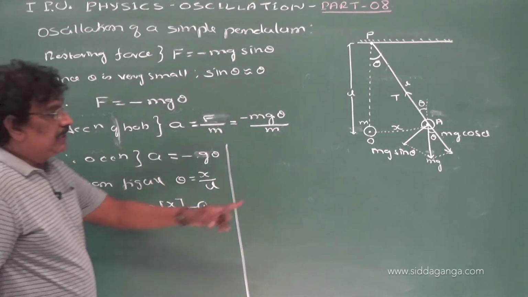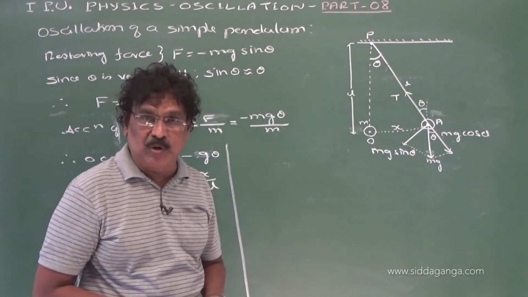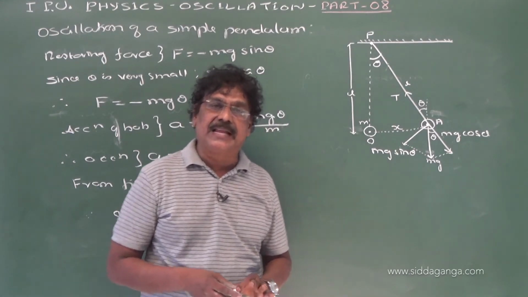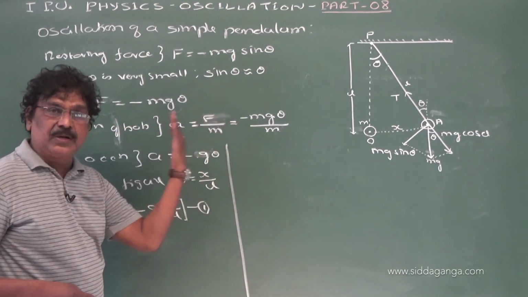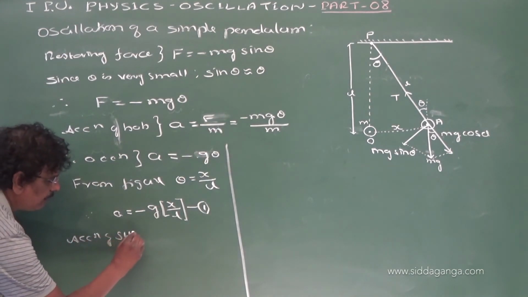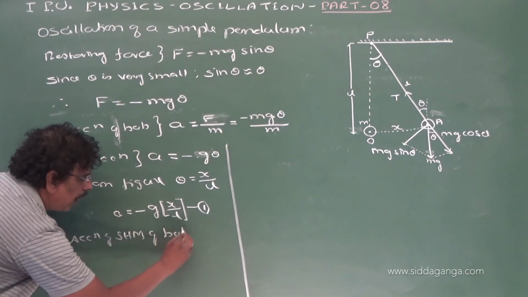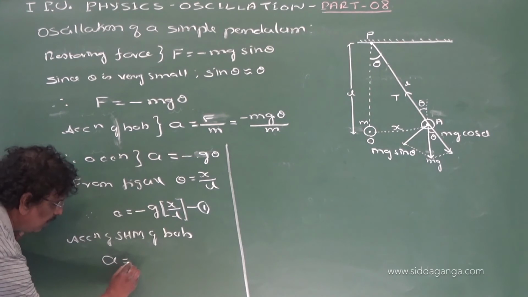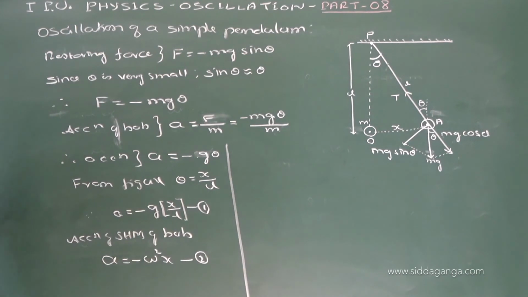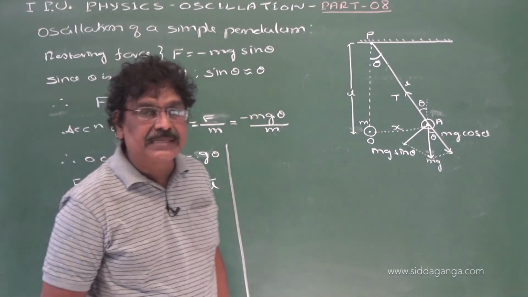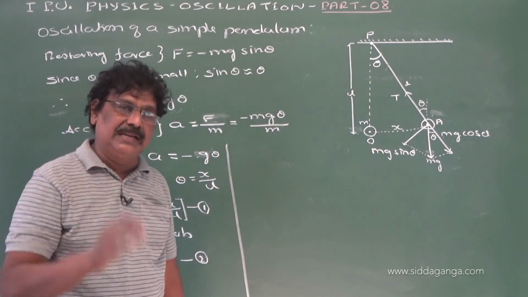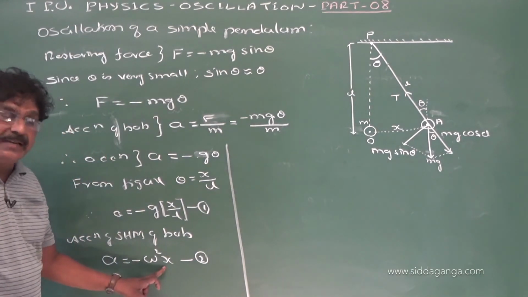Now this body is executing motion in which acceleration is directly proportional to displacement. The acceleration of simple harmonic motion, A, is equal to minus omega square x, equation 2. Here x is the displacement.